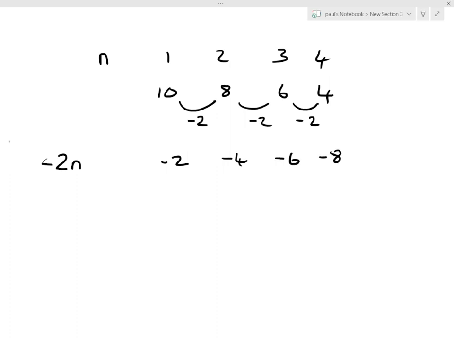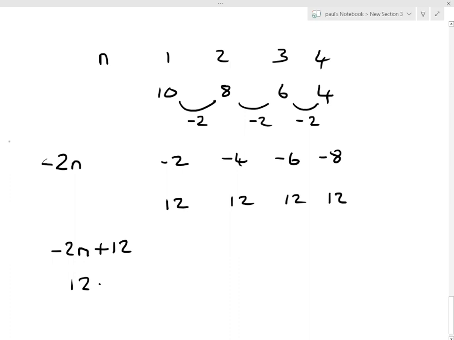So 10 minus minus 2 is 12. 8 minus minus 4 is 12. So these are all 12, and we're adding 12. So it's minus 2n plus 12. You can swap this round because generally it's not a good idea to have a minus at the beginning of one of these.